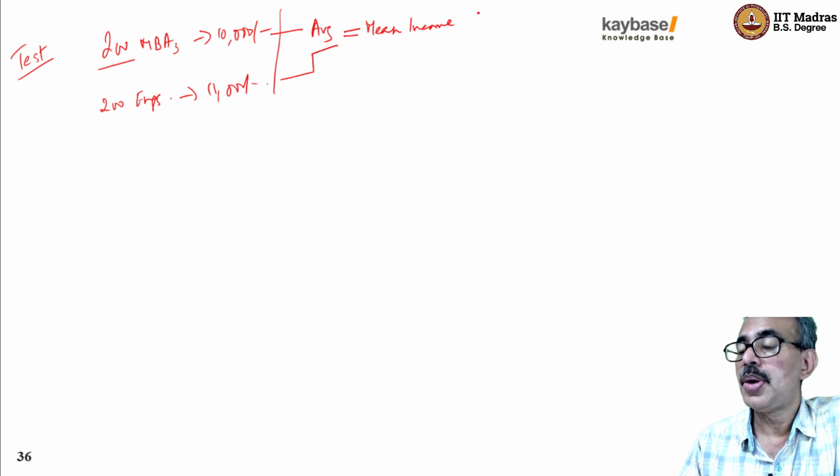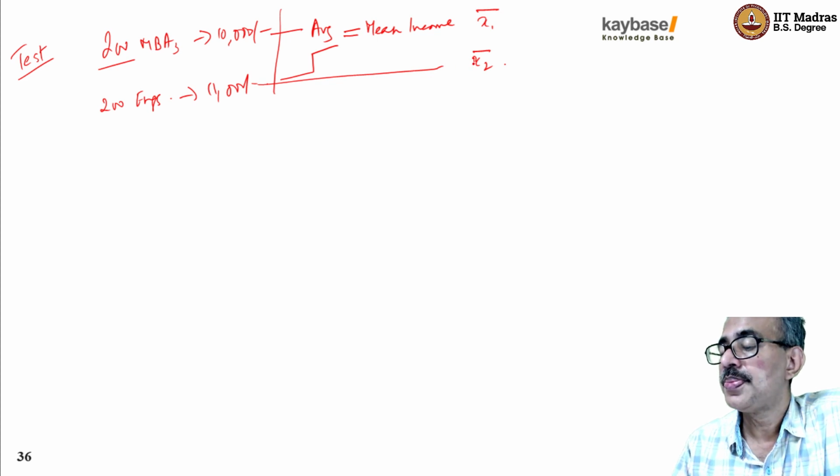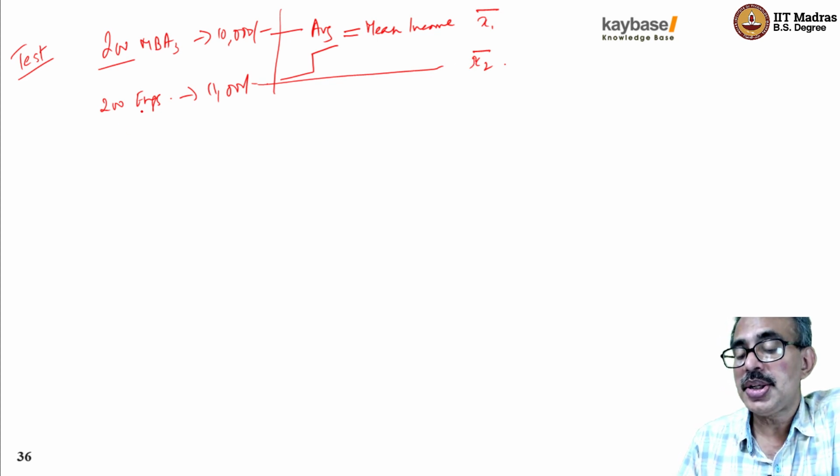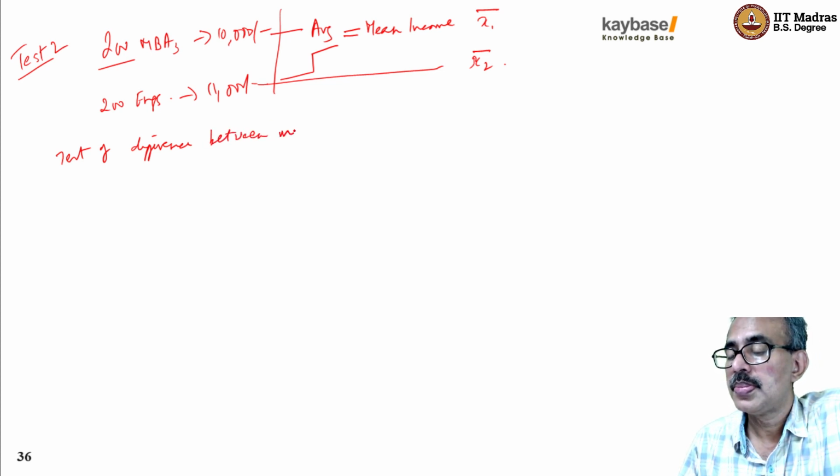So we have a mean 1, we have a mean 2, x bar 1, x bar 2. Now this is a test of means, difference between means. Independent sample.